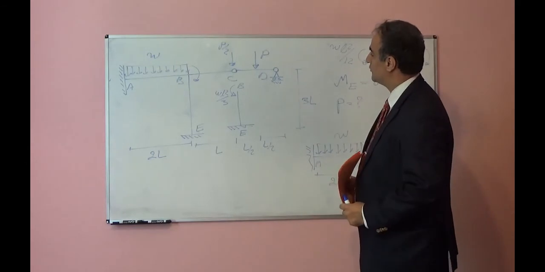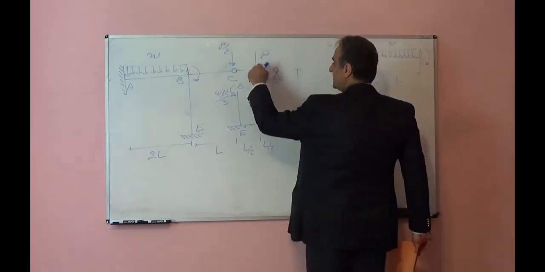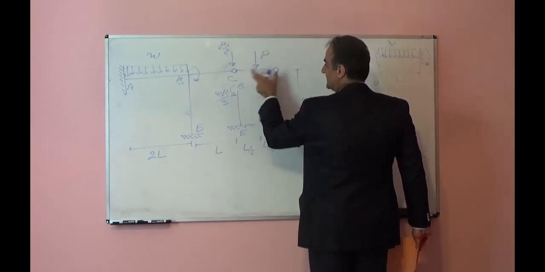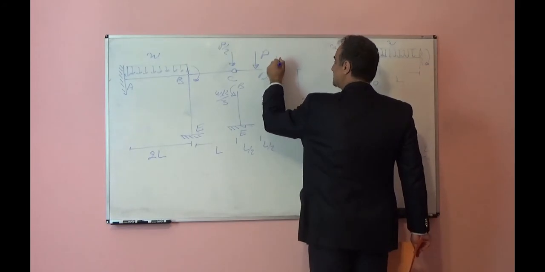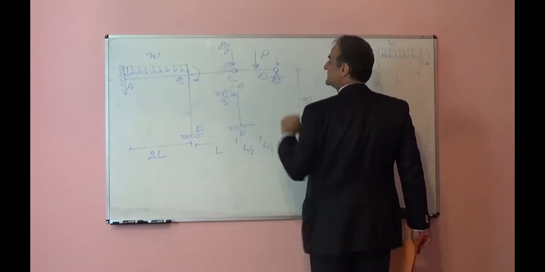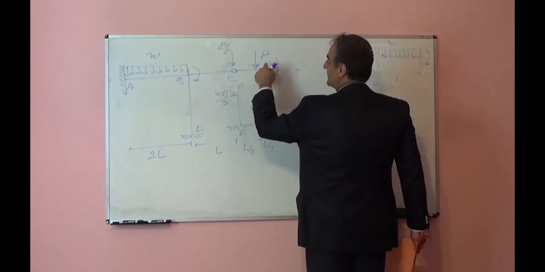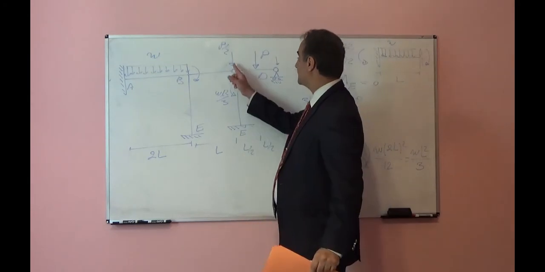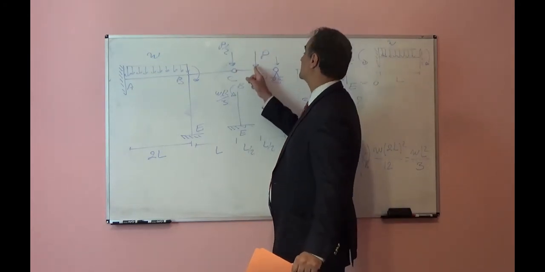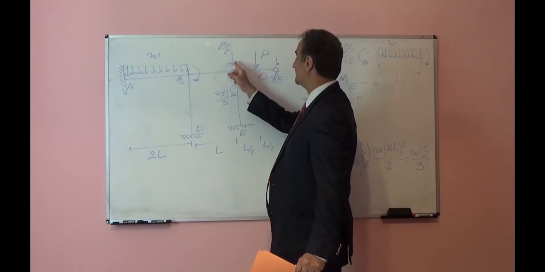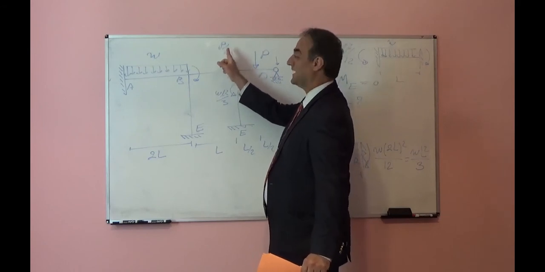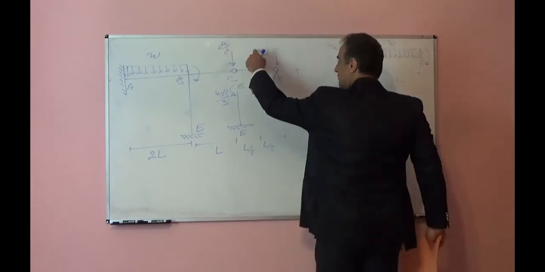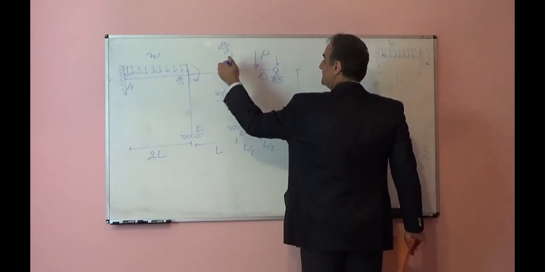Okay, that moment will be, if we put P here in the middle of the CD part, half will transfer to point D, half will transfer to point C. So the contribution to the C part from this load will be P over 2. P over 2 will come to this hinge because of this load downward. Extra load we have here is P over 2 as well. So P over 2 plus P over 2 from this load will be P.